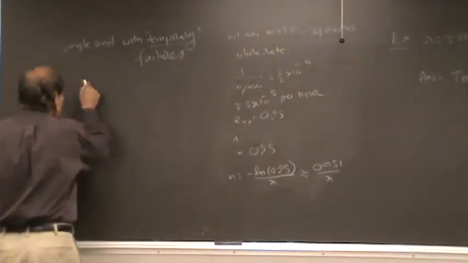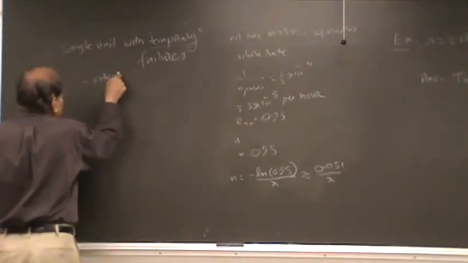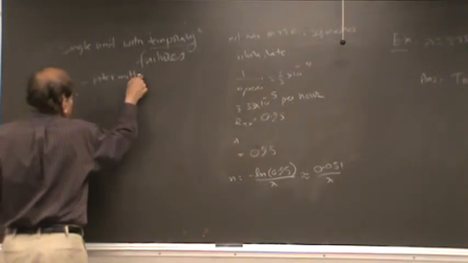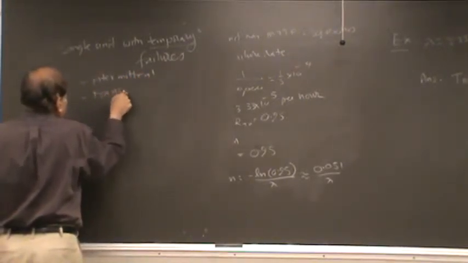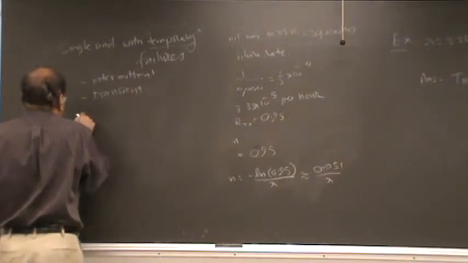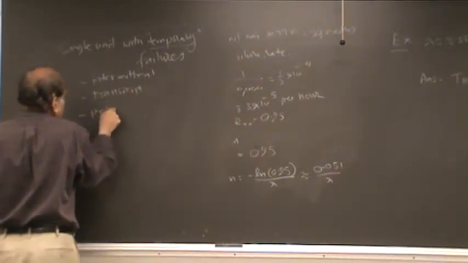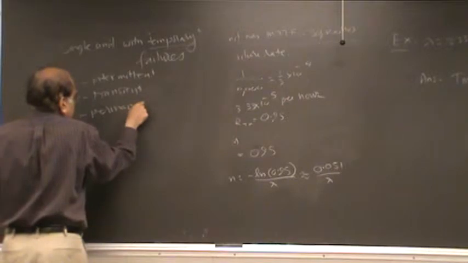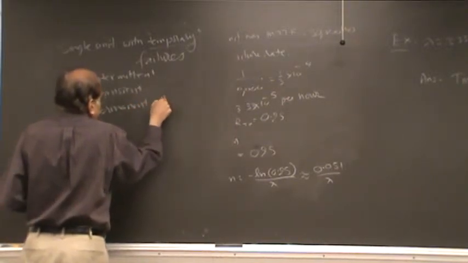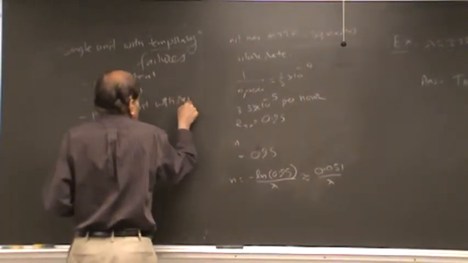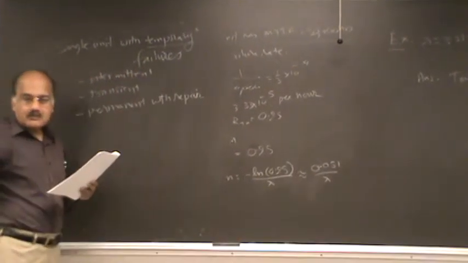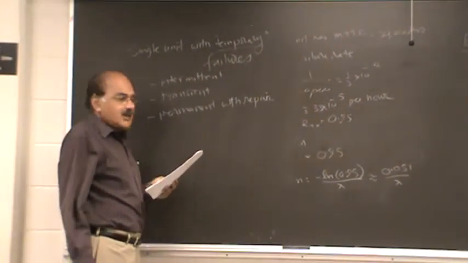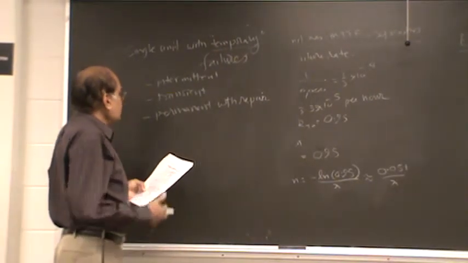So it could include intermittent. It could include the transient case and permanent with repair. Provided you assume that the repair process is also a stochastic process.